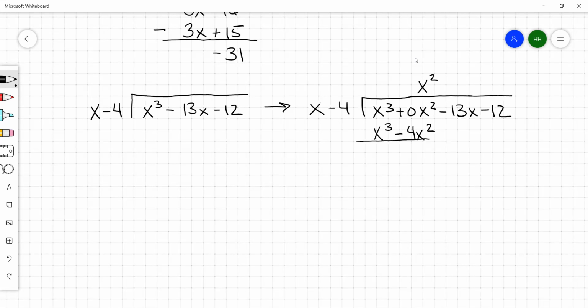Now you've got to be careful here too, because you're subtracting all of this. So it's x to the third minus x to the third, that's a 0. But it's 0x squared minus negative 4x squared. And when you subtract a negative, you add, right? So you get 4x squared minus your 13x minus your 12.